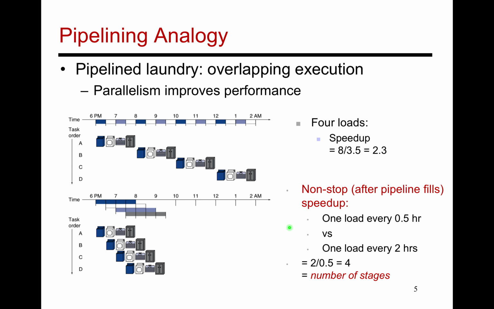And sometimes it's called non-stop speed up. So a pipeline becomes full when all the stages of the pipeline are operating at the same time. So looking at these operations at this stage, stage 4, notice that all 4 resources are working at the same time. Okay, so at that point, the pipeline is full.